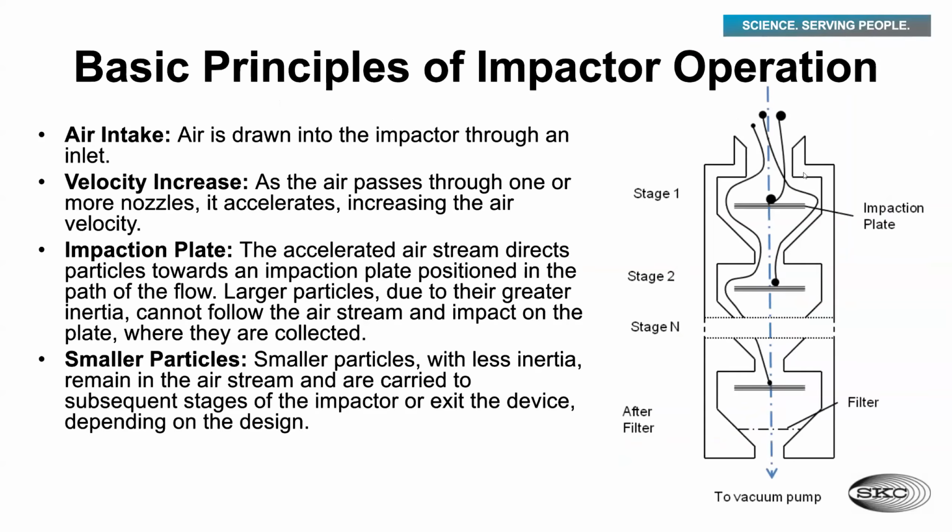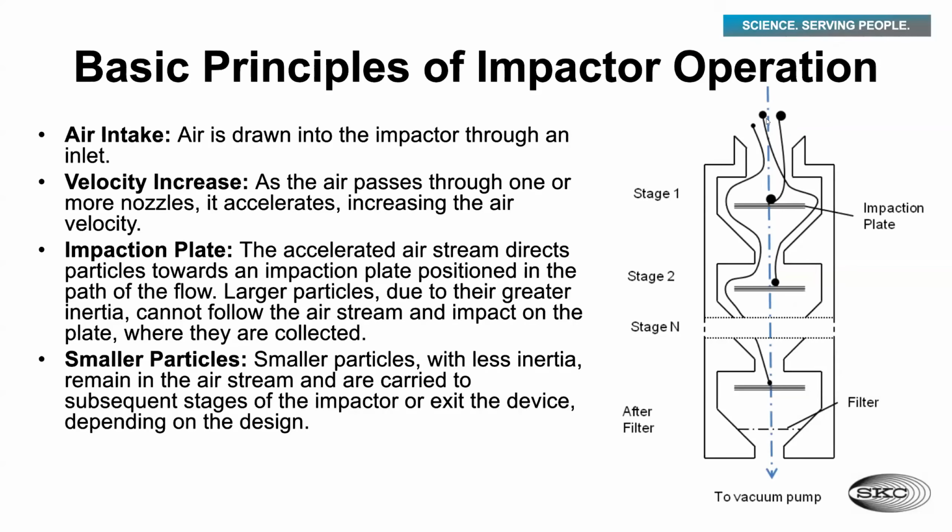So this visual on the right is what a standard staged impactor looks like. You have stage 1, stage 2, 3, 4, 5, 6, depending on the size of the particles that you're trying to collect. Now what happens is dust travels into the inlet, and if it has too much inertia, meaning if the size is more than 10 microns, it doesn't have the ability to stay in the airstream. So it's going to impact on that impactor plate.